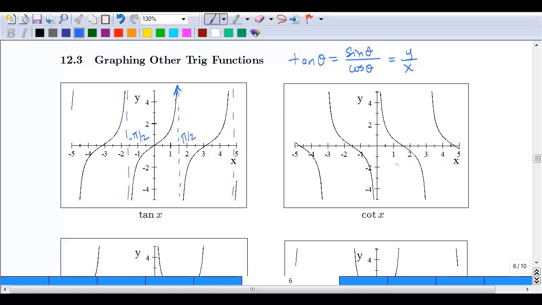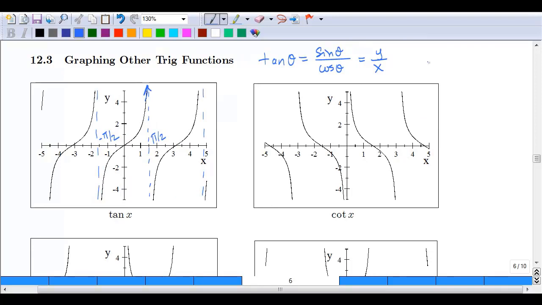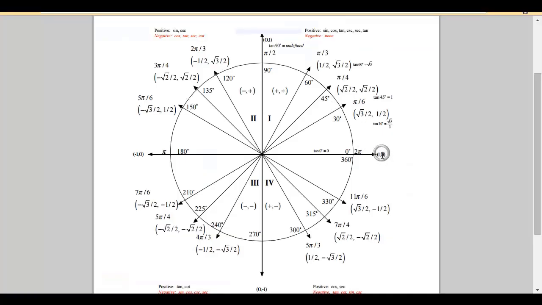Similarly for cotangent, if you recall, cotangent of theta is cosine over sine, and so that would be x over y. So we're going to have the opposite instead. At our 0 degrees or 0 radians, our x value is 1, our y value is 0, so we're dividing by 0 here at 0 and at pi.